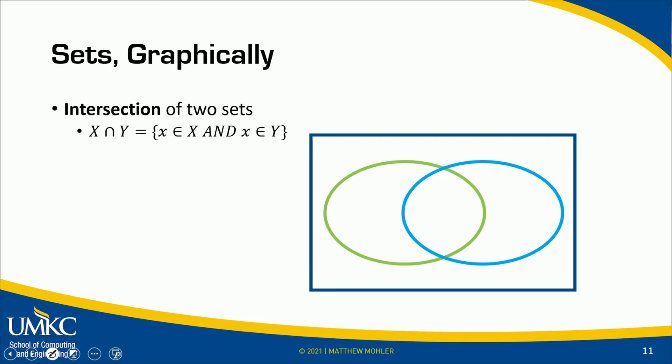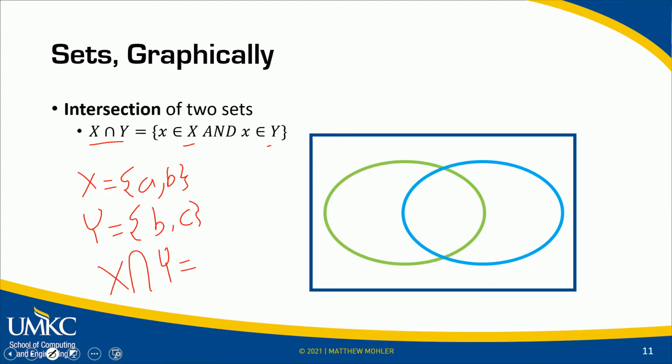Now, if we look at the intersection of two sets, this is written X intersect Y, is anything that is part of the set X and is also part of the set Y. So if we look at that same X is equal to A and B, and Y is equal to B and C, then X intersect Y would be equal to just the element B, because it is the only element that is in both X and Y. And again, if we look at this graphically, we'll assume we have X and Y as our two graphical set elements.